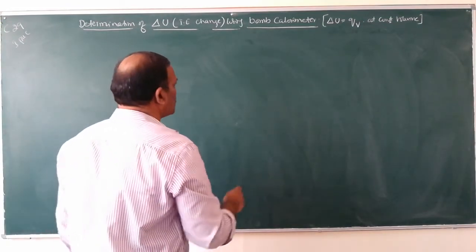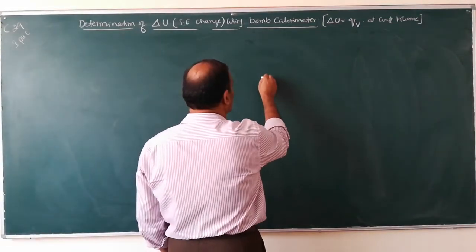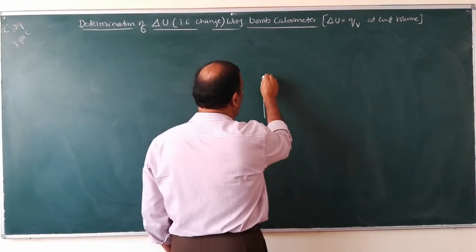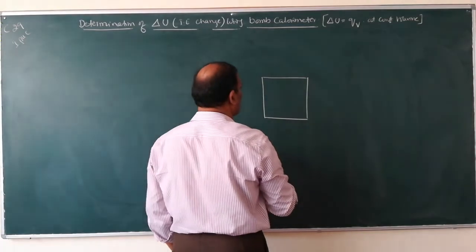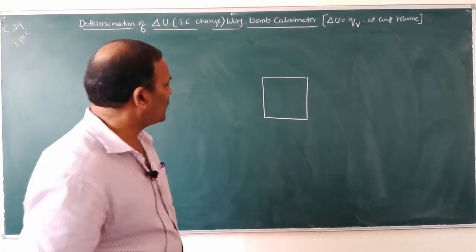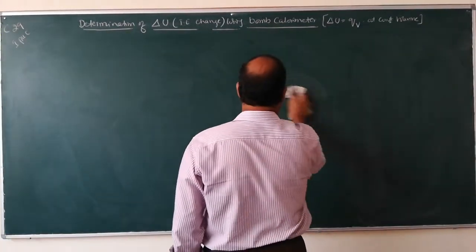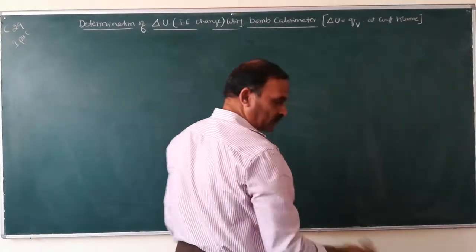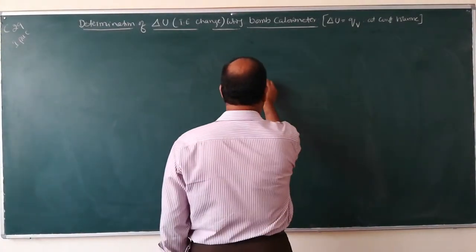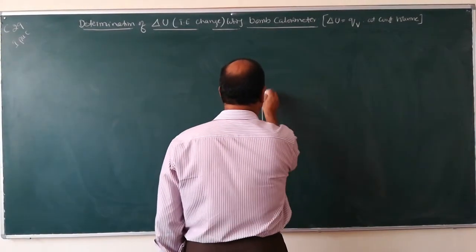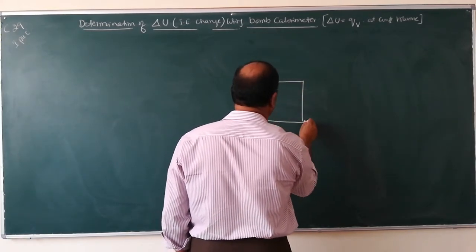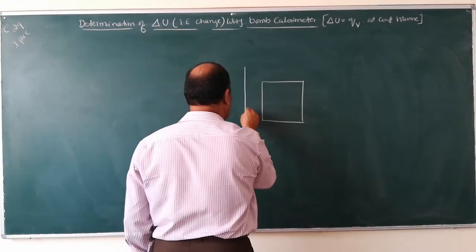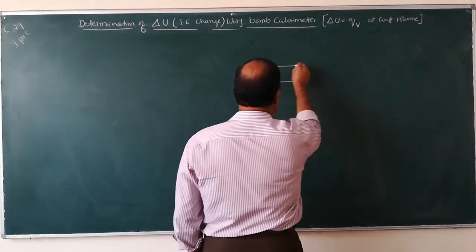So write down a small figure. So this is a bomb calorimeter, which is a steel vessel. And it is placed in a water bath.